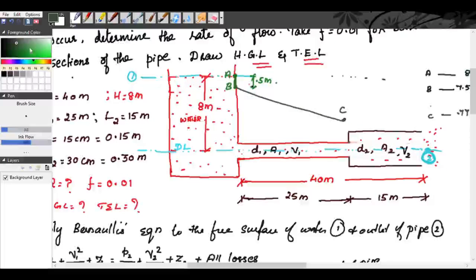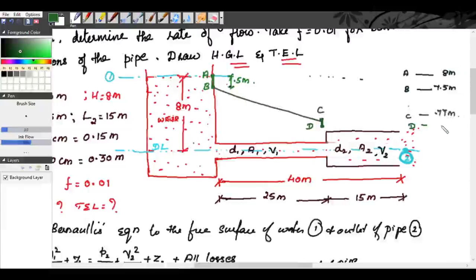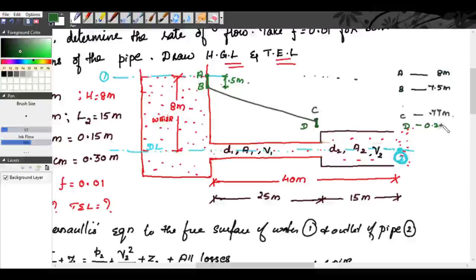We will take that point as D. So we will draw a line from C to D. So the point D is from the datum line at a distance of 0.202 meter.